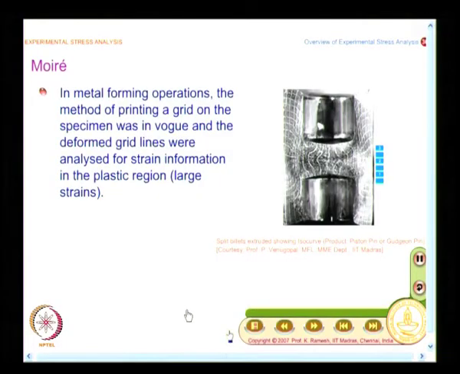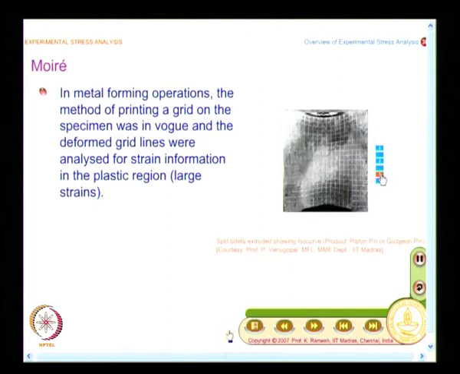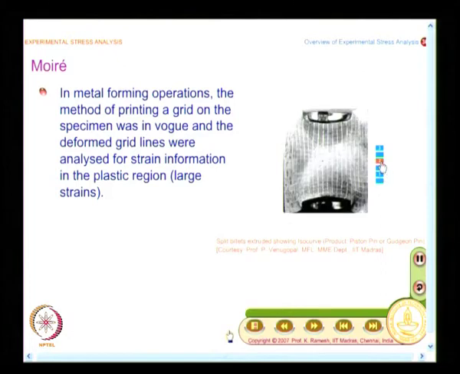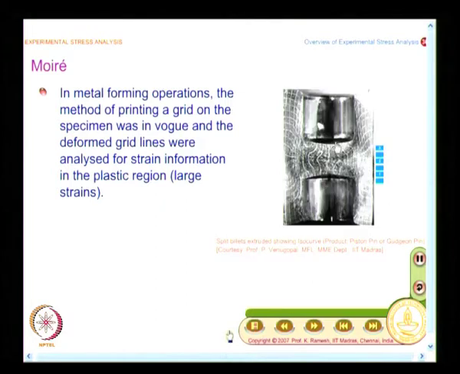We started Moire by introducing the application of grids in metal forming operations, and what we saw was, we had a billet which is put with a grid, and when you have very high plastic deformation, you see these grids visually distorted, and this gives you information on what is the level of strain introduced and how the material has flowed and so on and so forth.